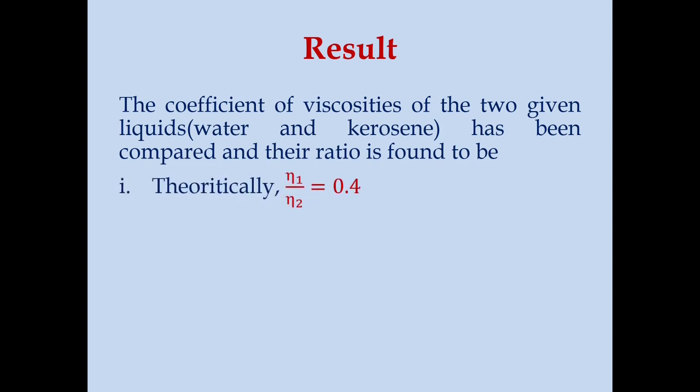Theoretically we have got eta 1 by eta 2 as 0.4, which is comparable with our experimental value of eta 1 by eta 2 equal to 0.449. So the theoretical value is 0.4 and experimentally we have got 0.449, which is almost closer to the theoretical value predicted.